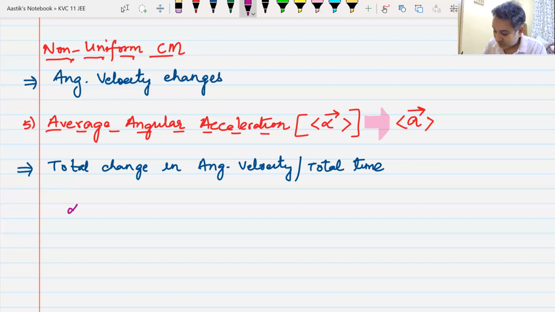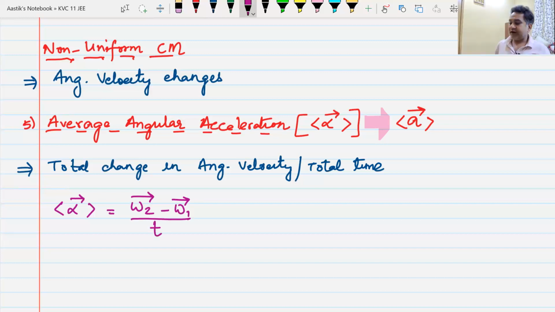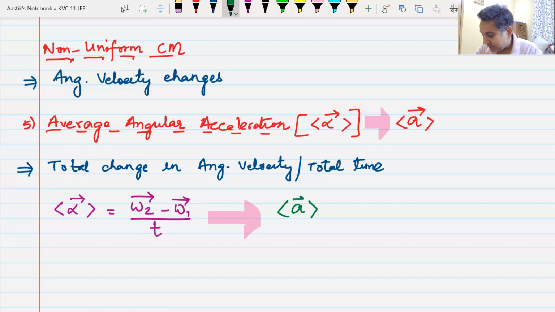How will you write it? Vector-wise, this average angular acceleration will be omega 2 vector, final angular velocity, minus omega 1 vector, divided by total time t. Why am I saying that this is similar to the average acceleration that we had seen? Vector-wise, that was final velocity v minus initial velocity u divided by time. Do we remember this?